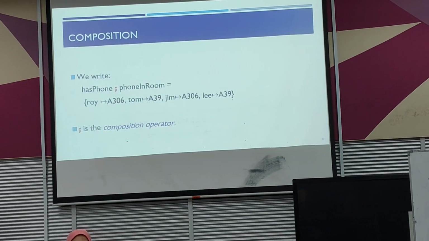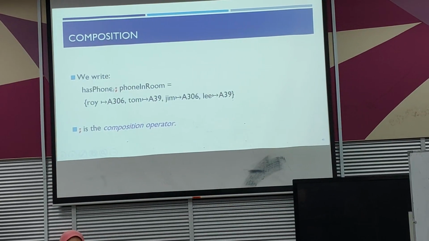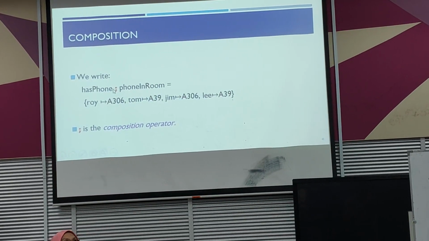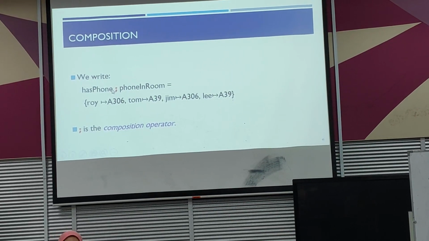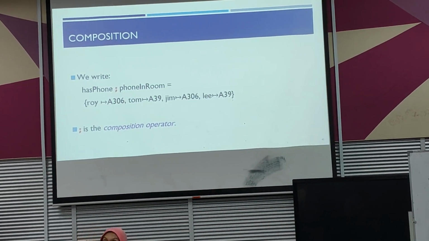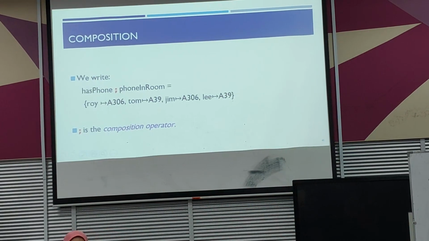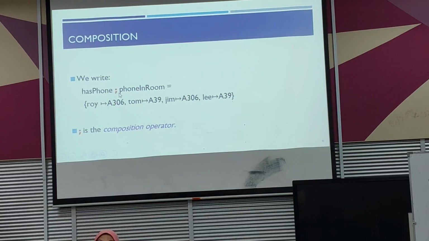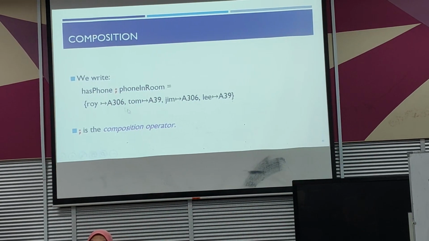So how to do that? You just write like this. Fat semicolon. We call it the fat semicolon. It is not the same as the semicolon on your keyboard. This is a special semicolon from Z. So this fat semicolon is the composition symbol. When you do it like this, your output will eliminate the phone number just now.